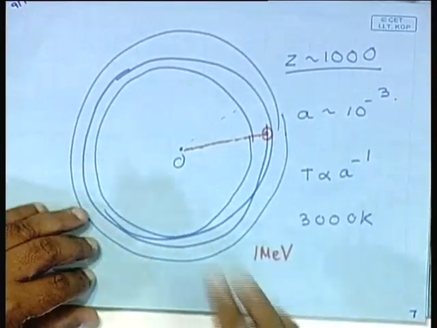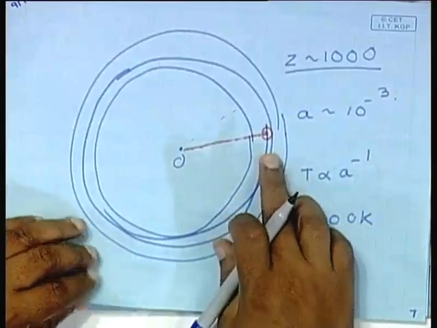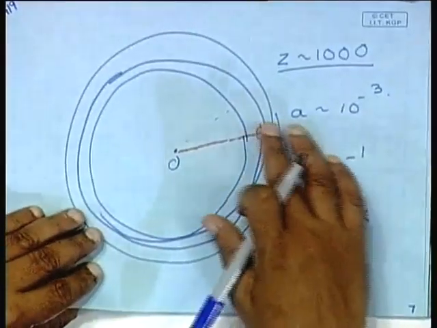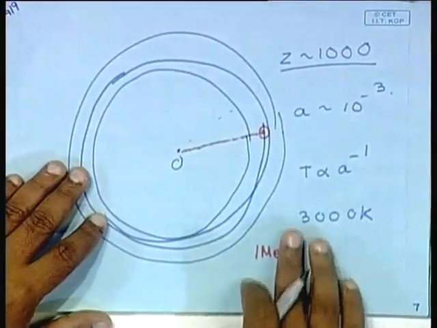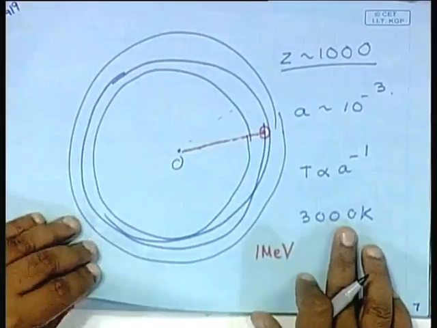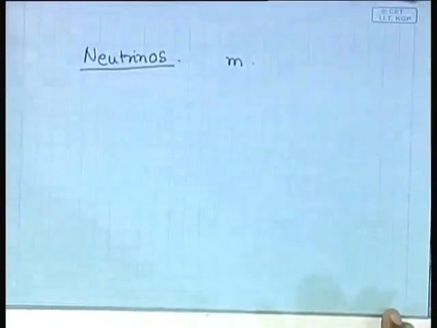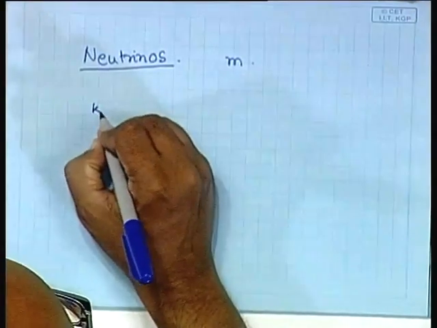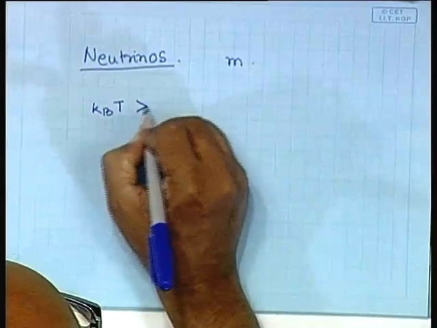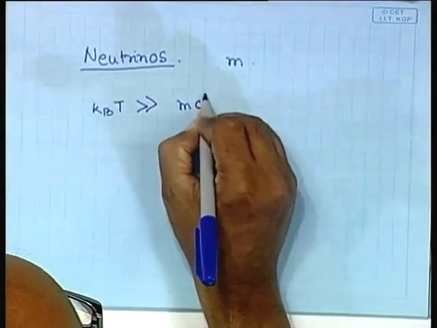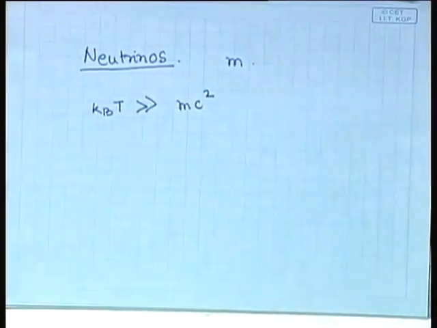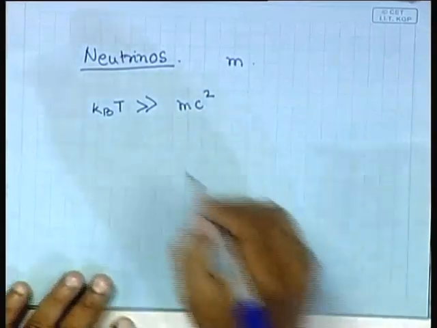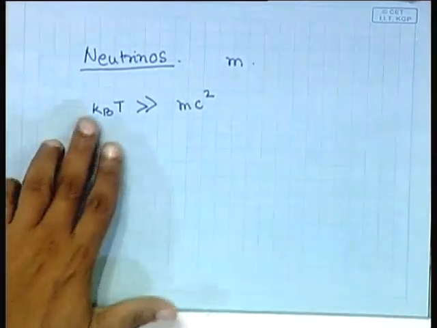So, at this high redshift, the temperature would be extremely high, right. Suppose at that epoch, when the neutrinos were in thermal equilibrium, the temperature k_B T was much higher than mc squared.